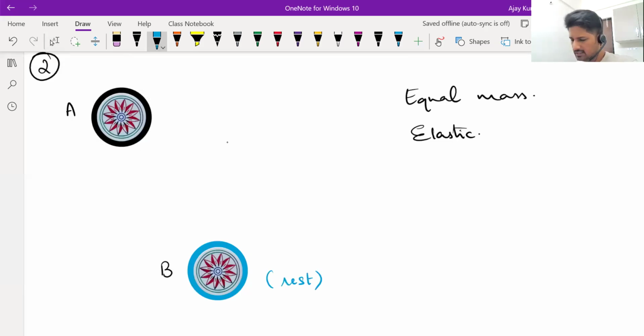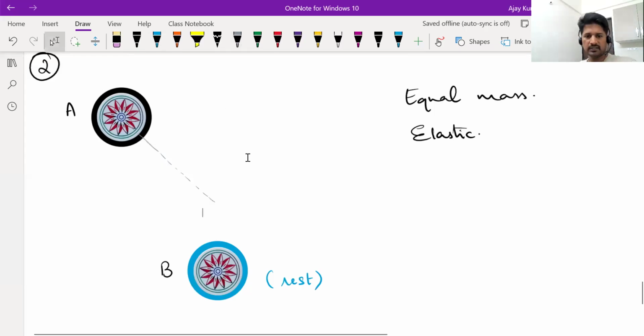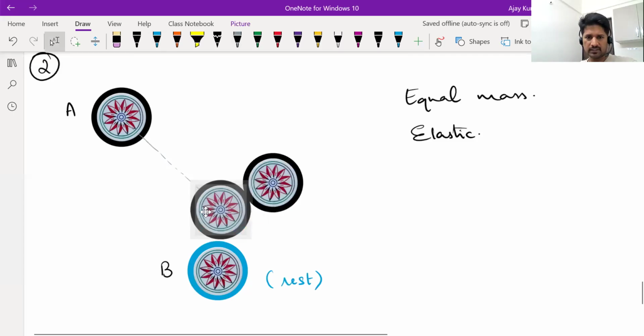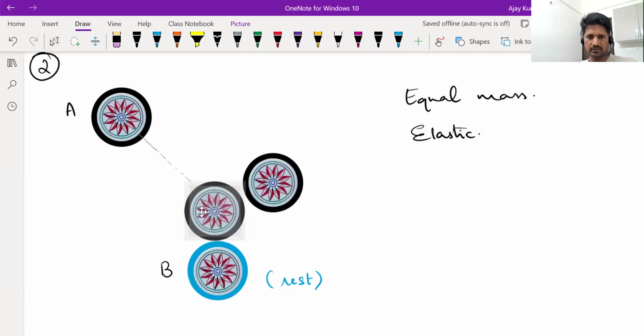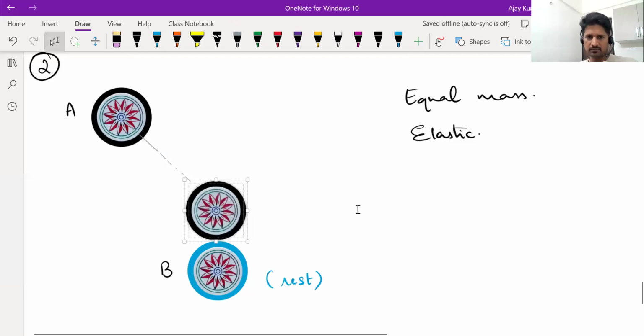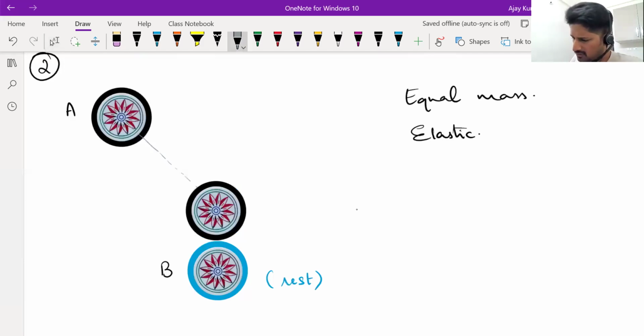B is at rest. A is moving and it is moving along this line, somewhat like this, such that when it just comes into contact with the second striker like this, fine, that's the line along which the first one is moving. So when it comes into contact like this, you know they will exert a normal force on each other. I'm helping you in all that visualization. Normal force will act along the line of impact. This is perpendicular to the line of impact, the x-axis. Once again, in this problem also, the y-axis is the line of impact.